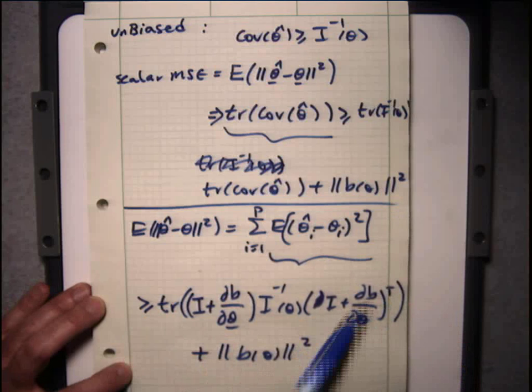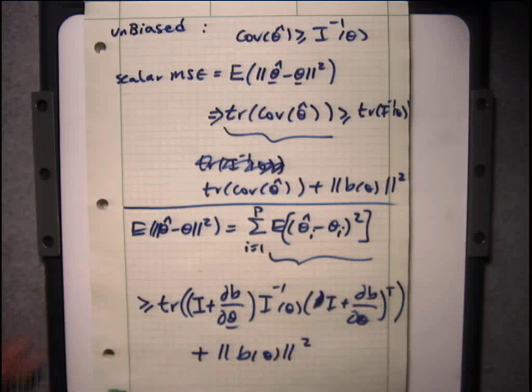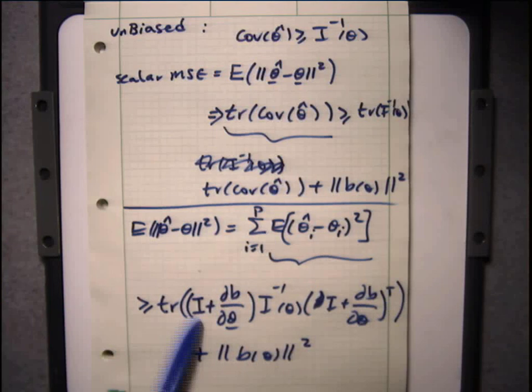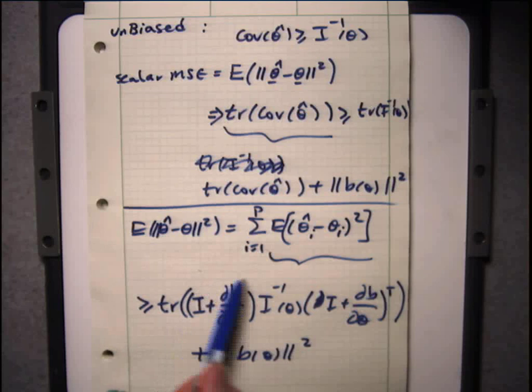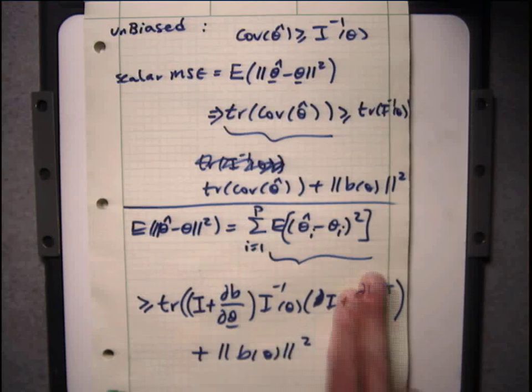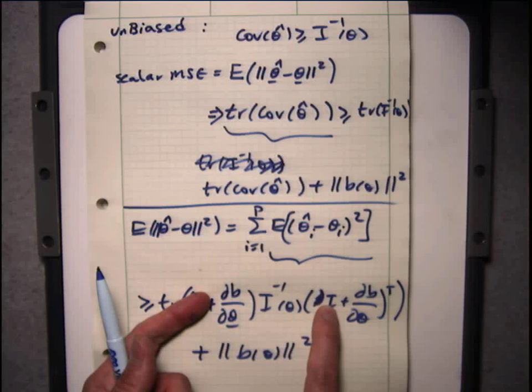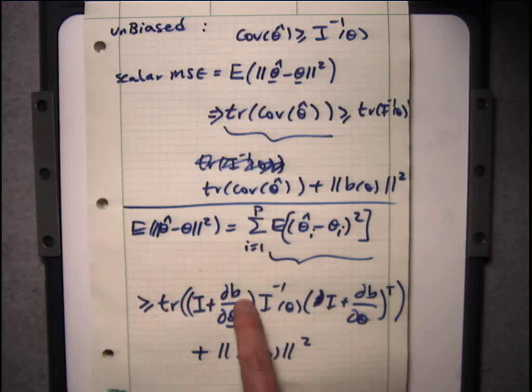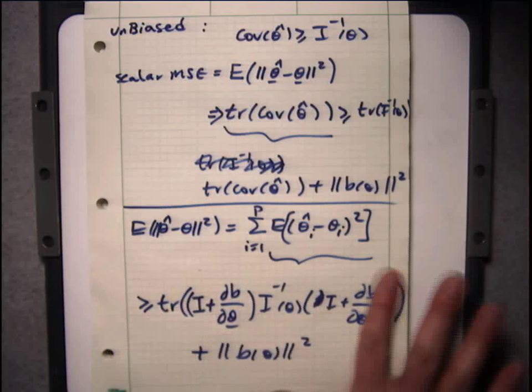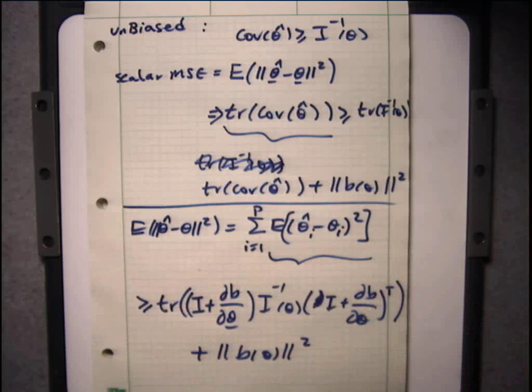So again, it involves the gradient of the bias. Before, in the other expressions, I had written this part as the derivative of the expected value of theta hat with respect to theta. I've just written it explicitly in terms of the bias here, so you can see how it looks different. So for instance, if the bias is 0, this goes away and that goes away, you have identity on these sides. If the bias is constant with respect to theta, again, you get something very simple. Okay.